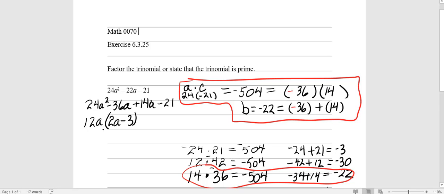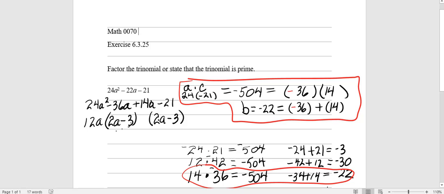So once I find the correct GCF of the first two terms, then there is a GCF that I can factor out of the last two terms that also multiplies by 2a minus 3. So these are going to be twin factors, and I know that's going to be possible if I find my two integers.